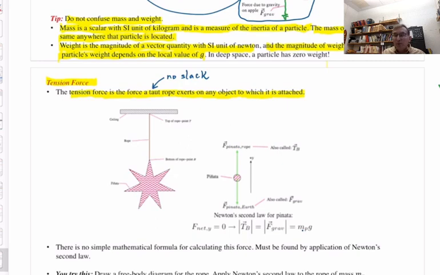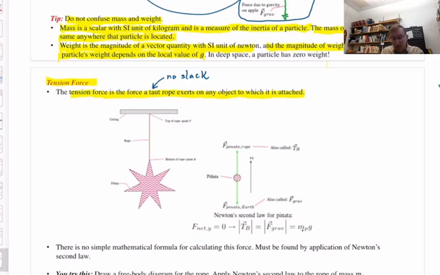By the way, I say rope, but physics books will also use the word string. When they say rope and string, they mean the same thing. Cord, they'll use that too. Rope, cord, or string will be common words they'll use synonymously.